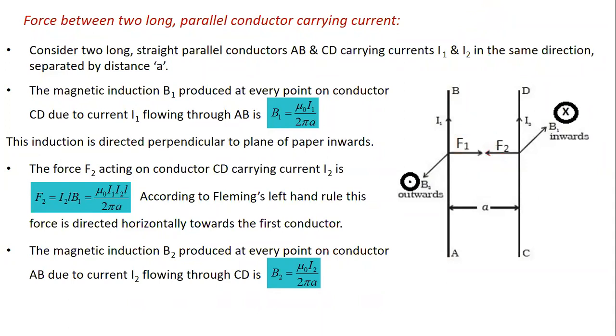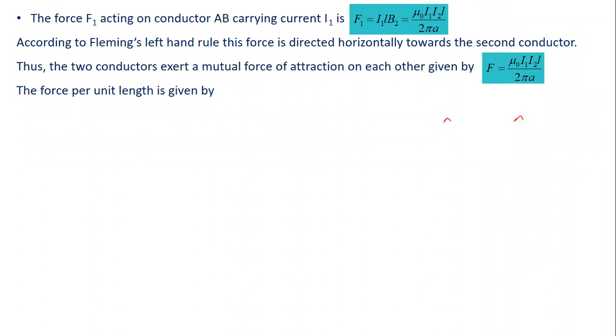If the currents are in the same direction, the force between two current carrying conductors is an attraction force. You can see F1 and F2 here. Instead of writing F1 and F2, we write it as F, since F1 and F2 are the same.